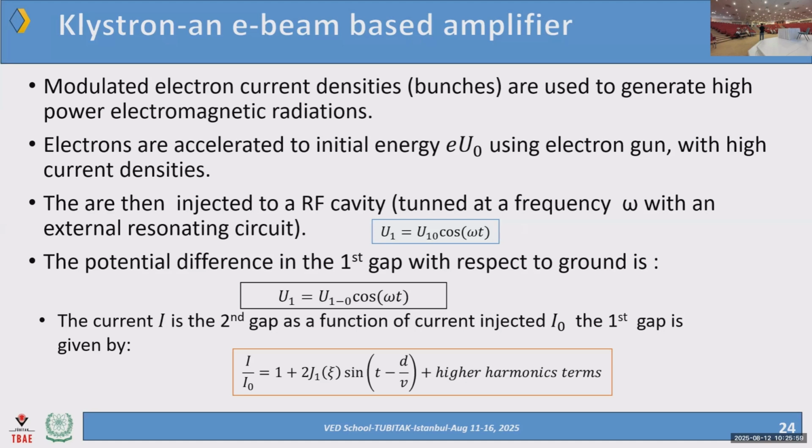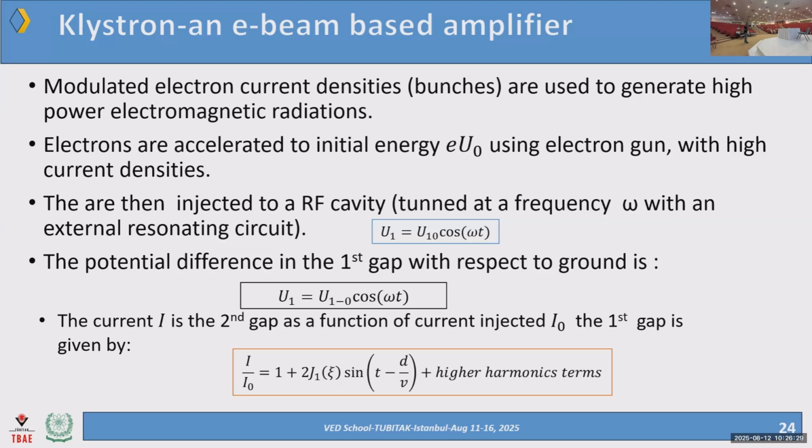They are bunched. Do you have an idea of bunches? Just to give a short flavor, I will discuss it in detail in longitudinal dynamics. Electrons coming from the electron gun are sort of continuous. But the electric field can squeeze them in space so that the charge density is higher at some point. That can be perceived as a bunch.